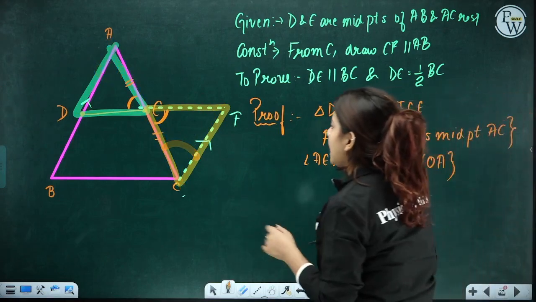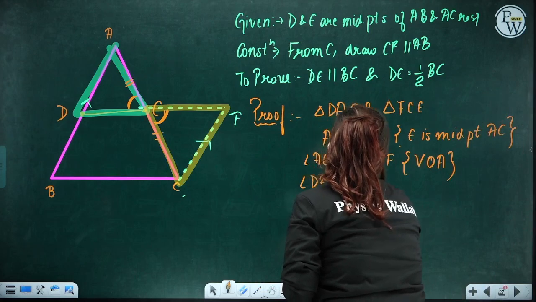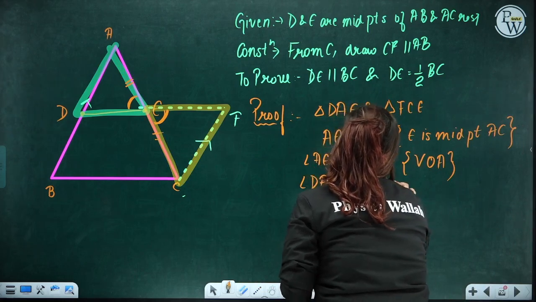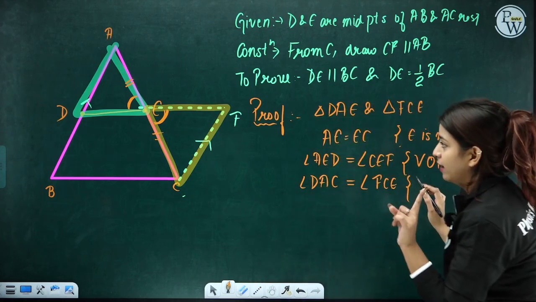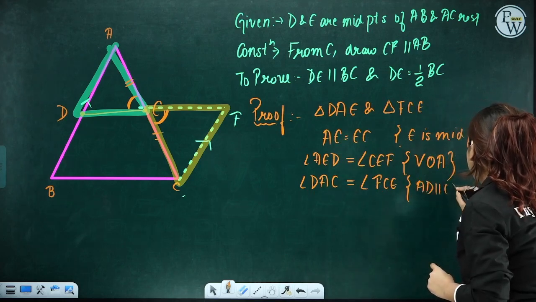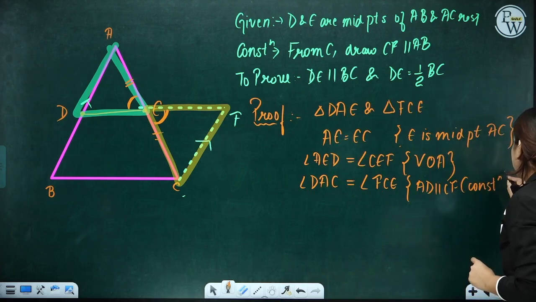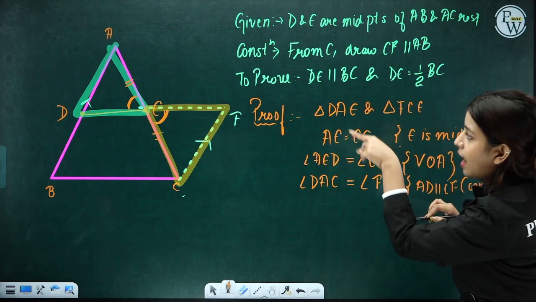So we can say that angle DAE will be equal to angle FCE, taking AD parallel to CF by construction. This is what we have done by construction. And then we have our what?